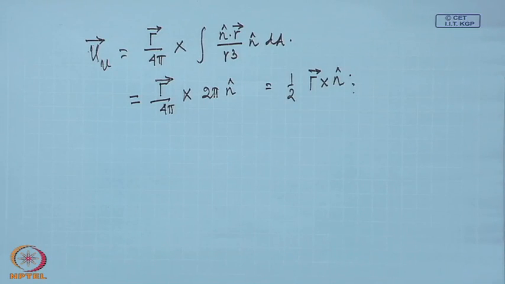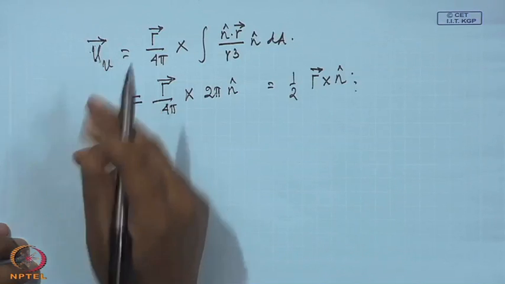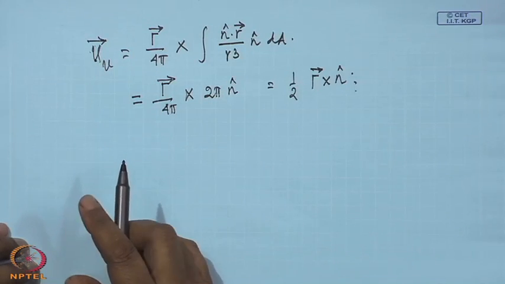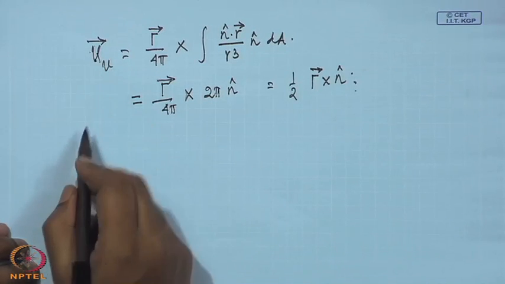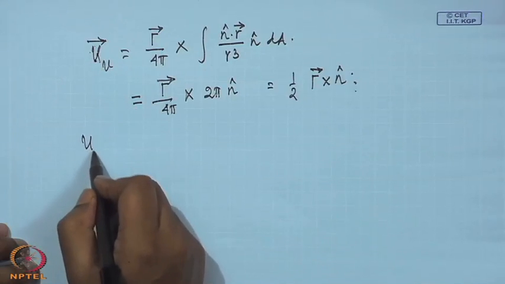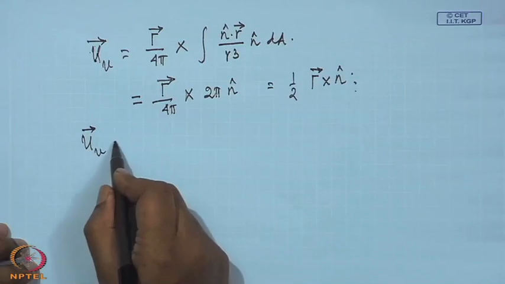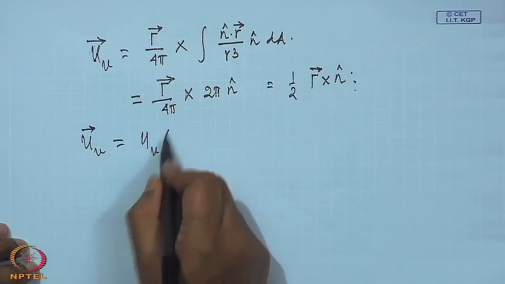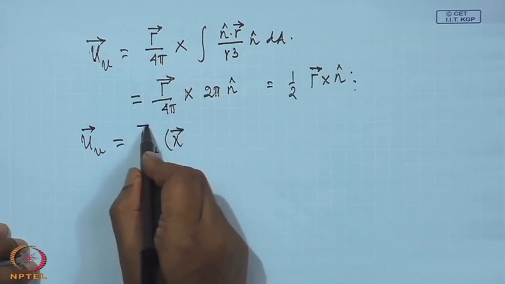n is a unit normal to the sheet vortex, and it is directed to the side at which the point lies. This u v, the velocity we are finding, is of course at a point. We could have written it as u v at a point x.